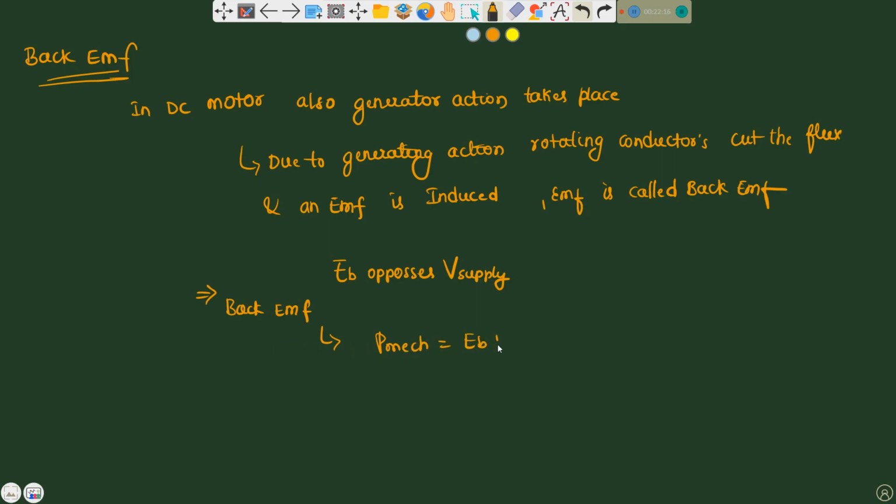EB into Ia is the mechanical power developed.